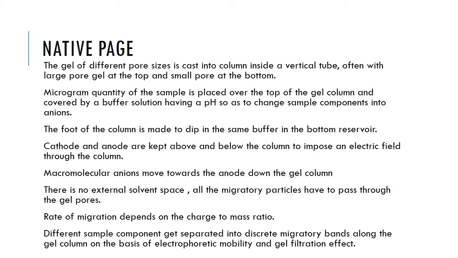When the electric field is applied, the molecules will move. Once the buffer has been put, the charge of the proteins will change from neutral towards negative, so that they start moving downwards. So macromolecular anions move towards the anode, down the gel column.